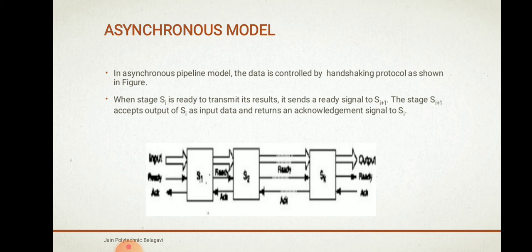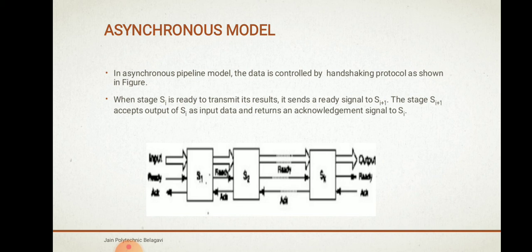As you can see in the figure, when the data input sends a ready signal to S1 and S1 has received the input, it sends an acknowledgement signal to the data input saying that it has accepted its input.